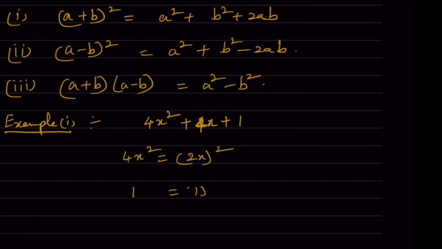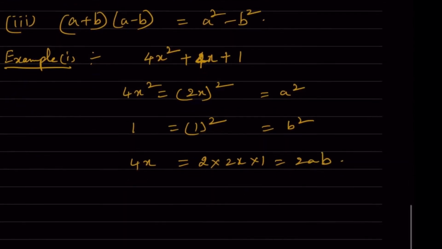1 can be written as 1 square, and this 4x can be written as 2 into 2x into 1. So therefore this is nothing but a square, this is b square, and this is 2ab. You can see from this. Therefore a square plus 2ab plus b square is equal to (a plus b) whole square, the first identity.